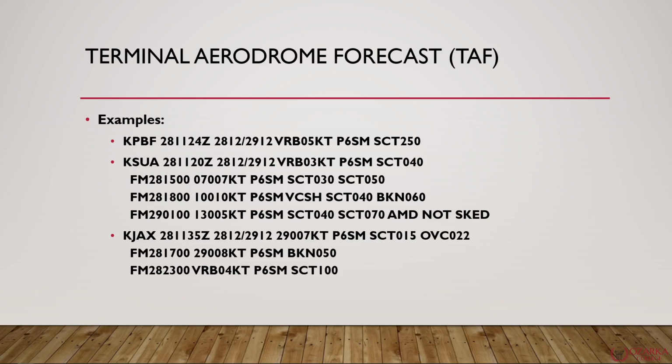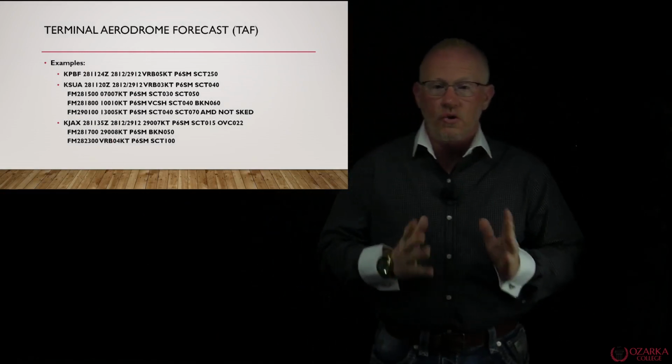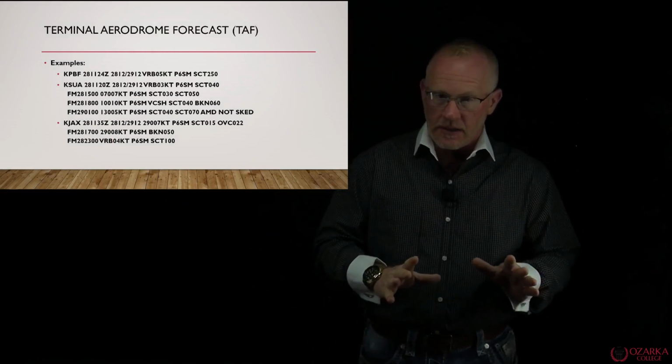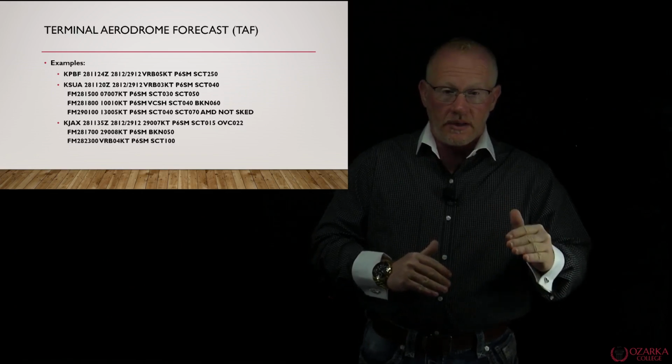The winds are forecast to be variable at 3 knots, greater than 6 statute miles of visibility, and the clouds are forecast to be scattered at 4,000. Now, here comes where Tafs can get tricky. Now they have different groupings, okay?